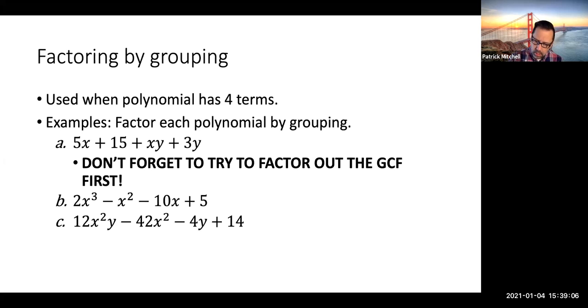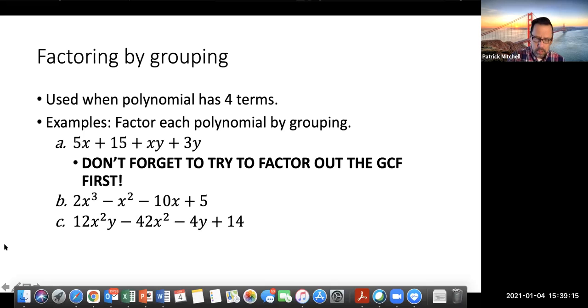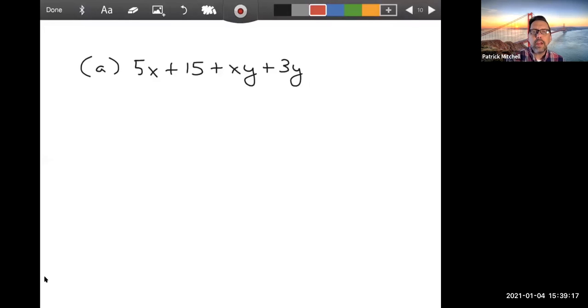Okay. So switching back to the tablet one last time. Here we go. We have 5x plus 15 plus xy plus 3y. So the first thing I'm going to think about is, is there anything that all 4 of those terms have in common? And the answer is no, because, for example, 15 and xy, the middle 2 terms, don't even have anything in common.